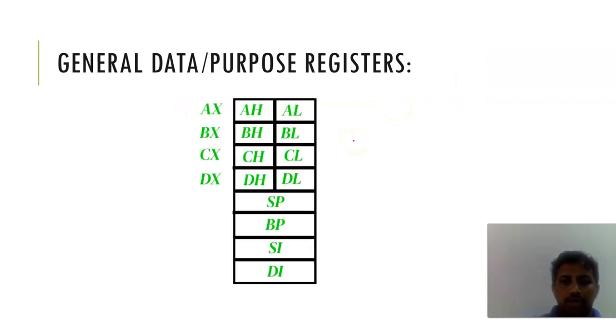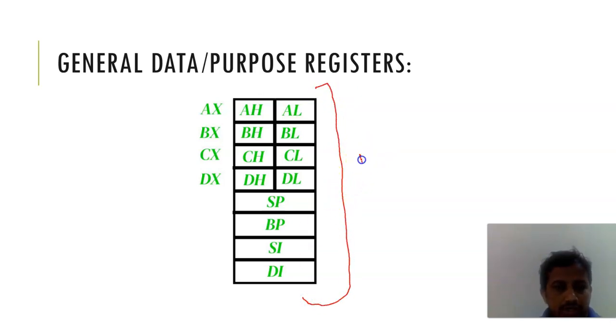As we have seen in the architecture, these general purpose registers and the pointer and index registers belong to the execution unit part of your architecture.